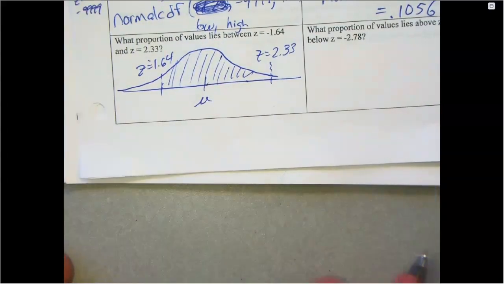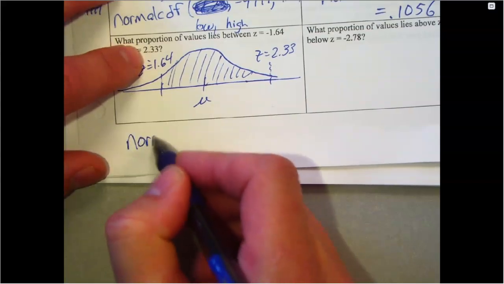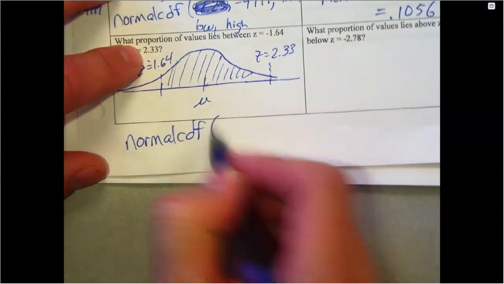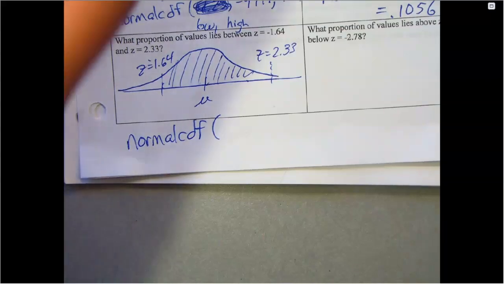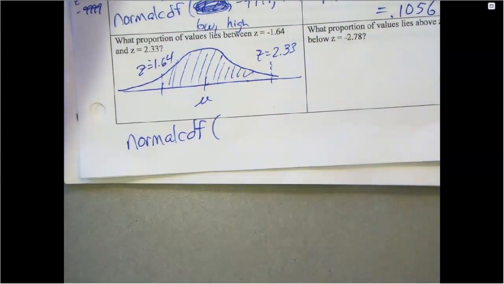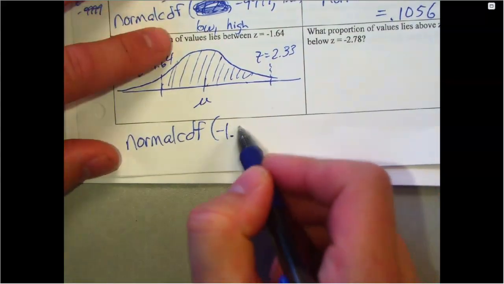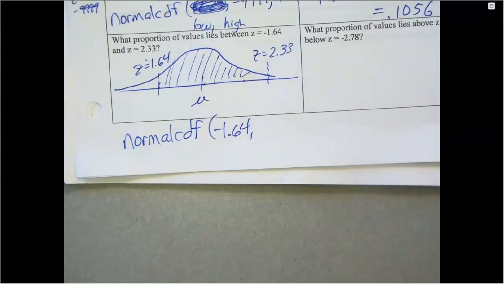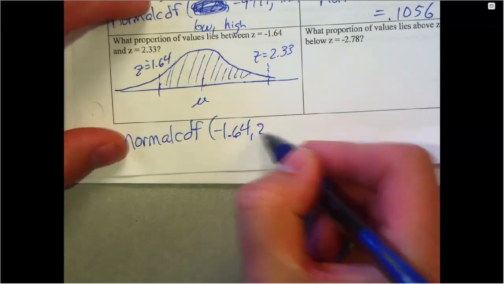So we do the same thing. We're going to do normal CDF. I want the lower, or left-hand number, comma, the upper, or right-hand number. So what's my lower bound? Negative 1.64, comma, my upper bound is the 2.33.